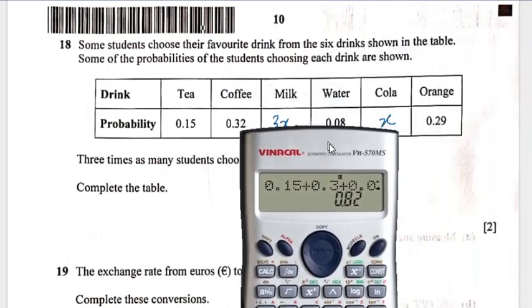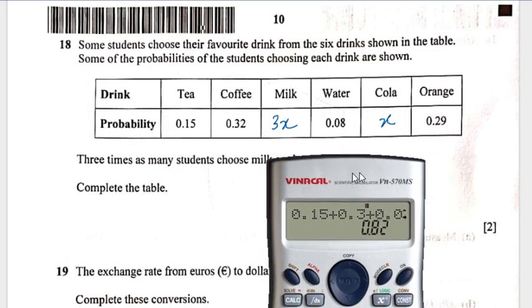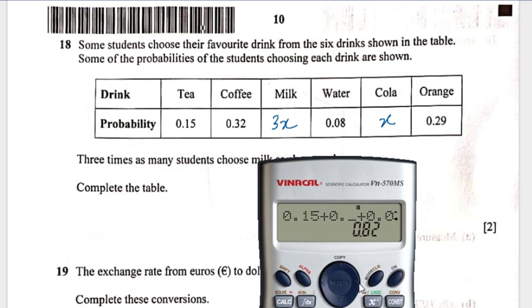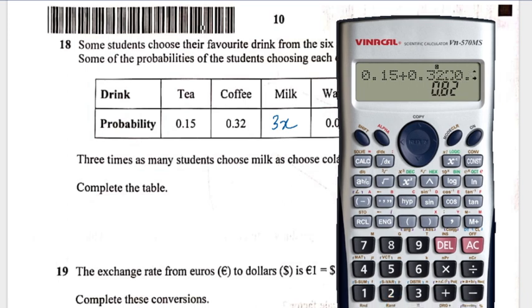Is that correct or not? 0.15 plus 0.32 plus 0.08 plus 0.29. You get 0. Wrong lah. Oh, this one I didn't put 32, so okay, 0.84, right? 0.84. Total is 0.84.